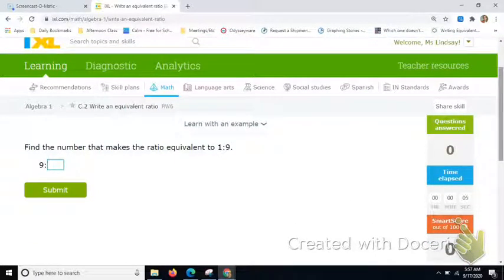So 1 to 9 is the same as, the 1 now has become a 9, so it got multiplied by 9. It's multiplicative. It's a multiplication relationship, not an addition. So then we also multiply 9 times 9.